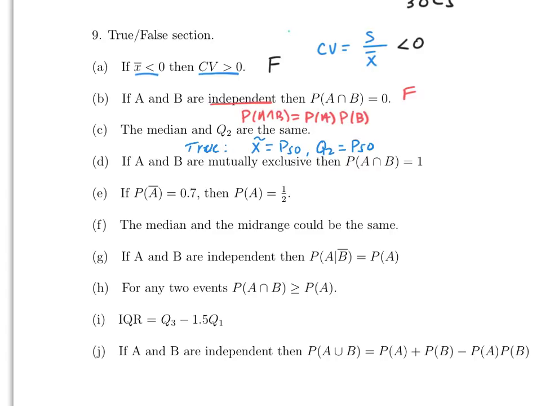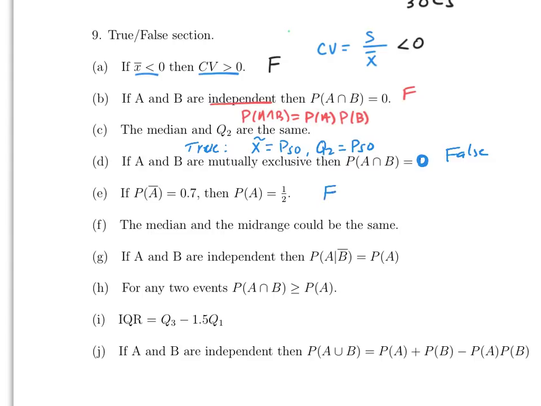Part D, if A and B are mutually exclusive, then the probability of A and B is equal to 0. Remember, mutually exclusive means the probability of A and B is equal to 0, not 1. So therefore this is false. Part E, if the complement of A is 0.7, then the probability of A is 1/2.